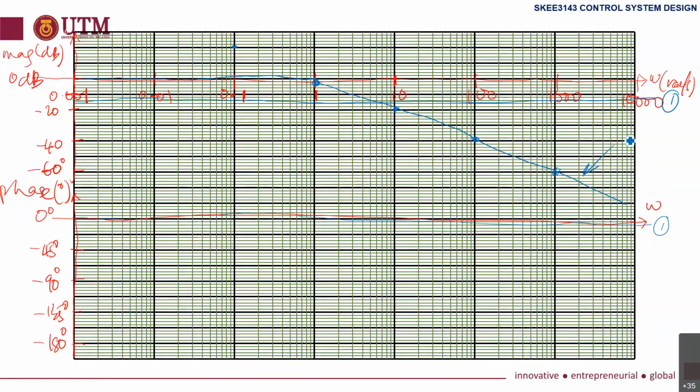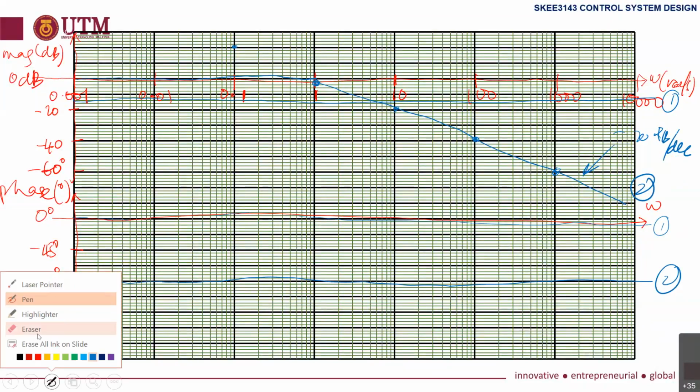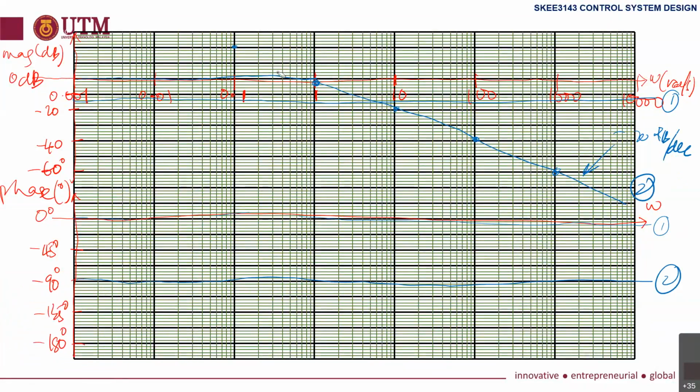Okay, minus 20 dB per decade. And the phase is always 90 degrees. So this is the phase for the second component. Sorry, I made a mistake. The second component should be going at 1/s.